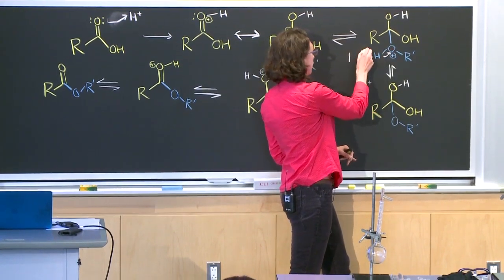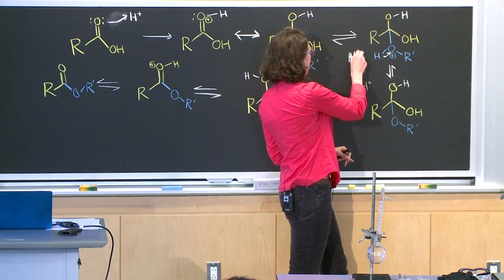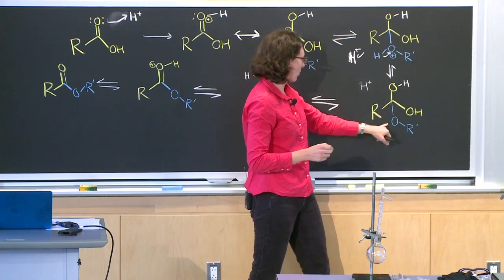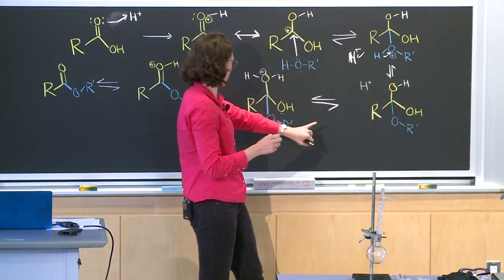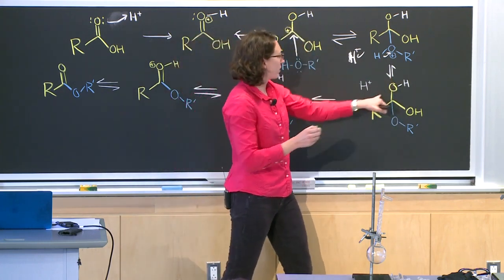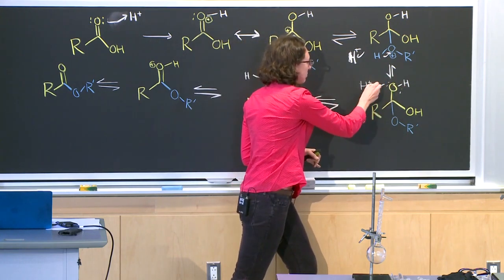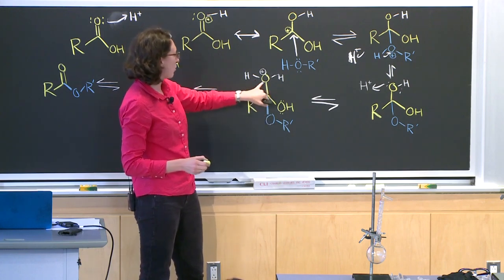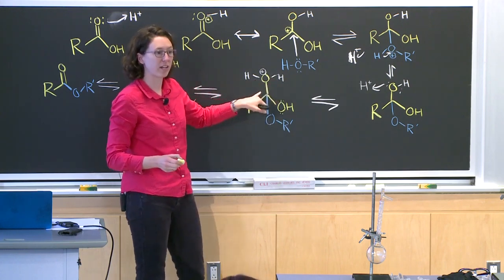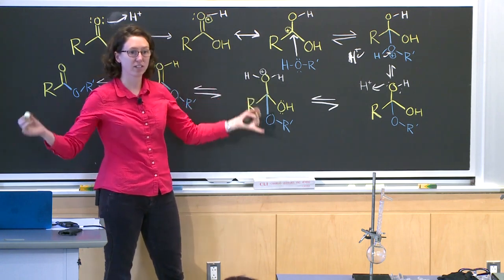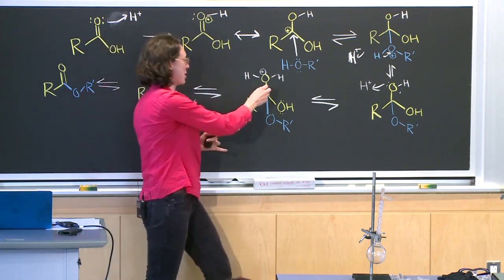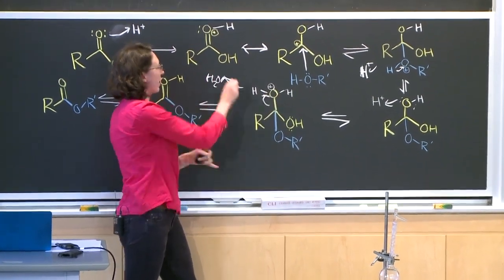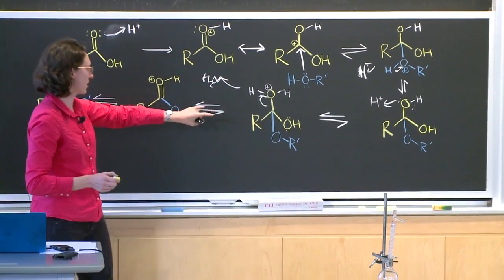So then we end up with a proton over here. That's an unfortunate proton. And now we have this structure here with our extra proton. We can protonate this oxygen up here and form this charged species. And now we have made positively charged water, and we know that water is a good leaving group. So we can leave and make water, and that is where the water comes from in our synthesis.